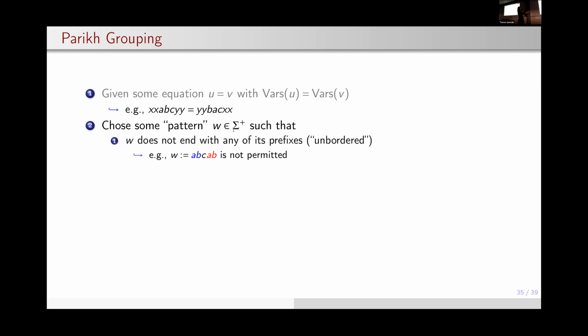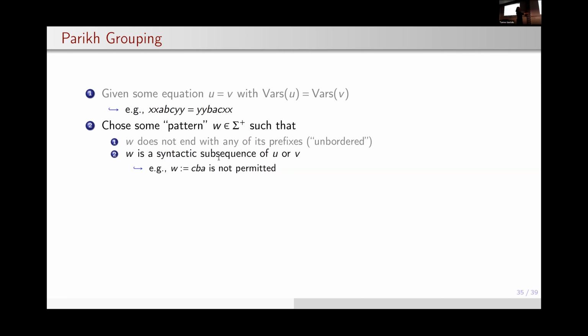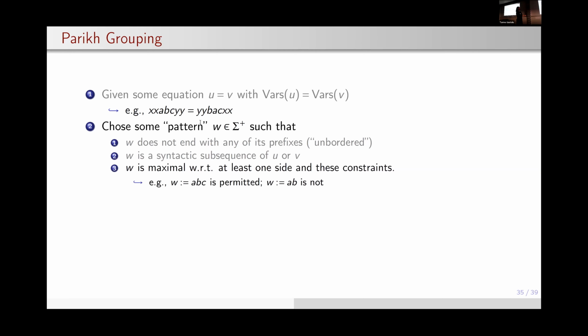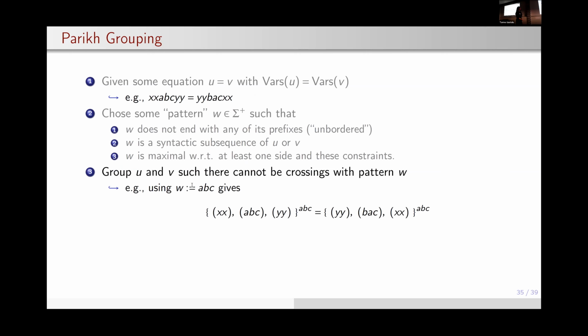So we say it's an unbordered string. That means it doesn't end with a prefix of itself, like this here. This would not be permitted. It's always a syntactic subsequence of something that's already on the right-hand side. And we require it to be maximal. So that means ABC is a candidate, but AB would not be, because it's not maximal, therefore a longer one.